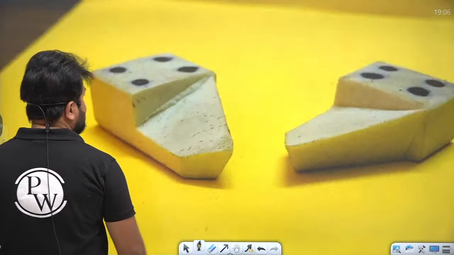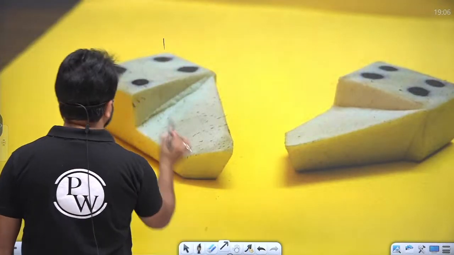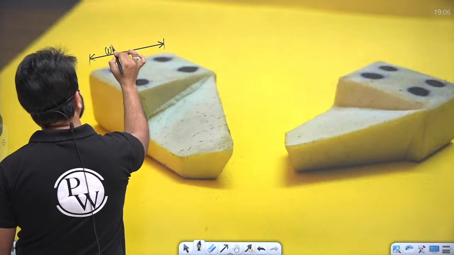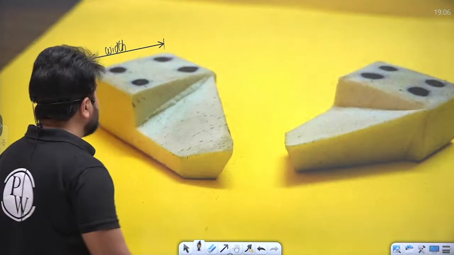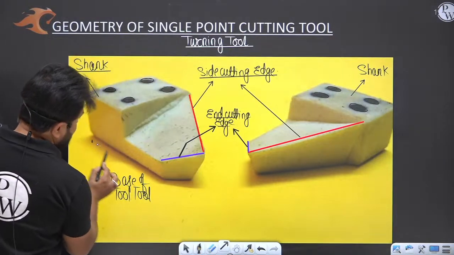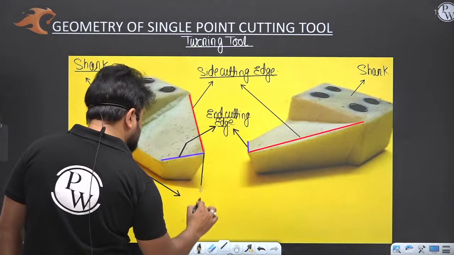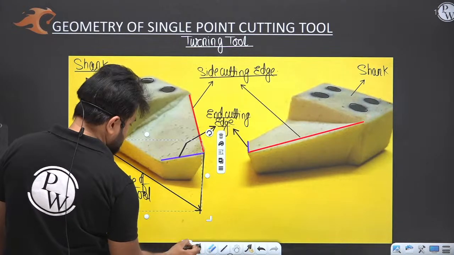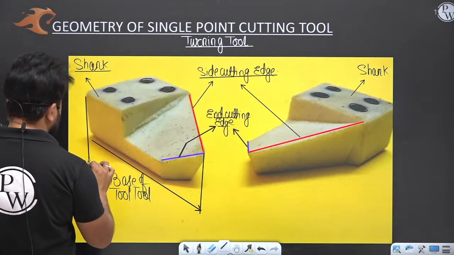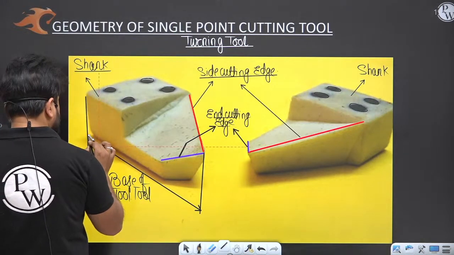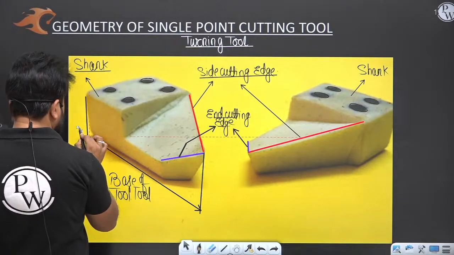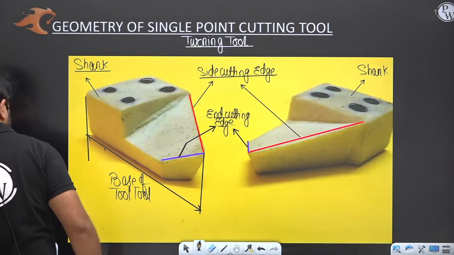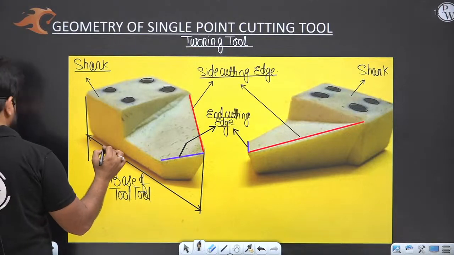The next thing is the width of the tool, that is W. Now, if you are talking about this, this is the length of the tool.